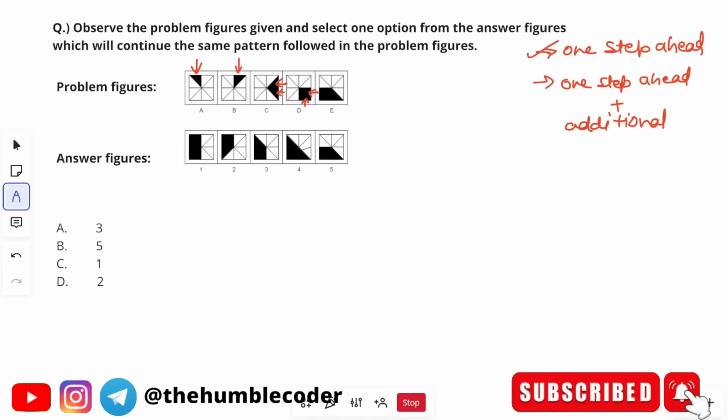So we can say again first one is only getting followed. So if we write 1 and 2, in this figure 1 was getting followed, in this 2 was getting followed, again 1 is getting followed here in this third figure, and in the fourth one if you see, this is one triangle, this is another triangle, and then this is another triangle. So like one is moving ahead, this one is moving ahead, this one is moving ahead, and this third one is getting added.